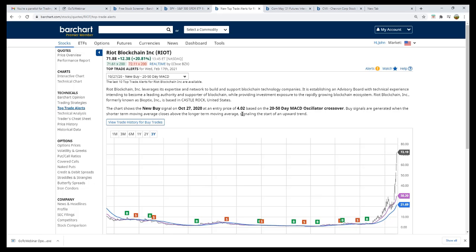So understanding how these technical indicators work and using the tools that we have here in Barchart will help you to find these trades. This was a top stock pick on October 27th. So you could go into top stock picks, look at those signals, those revving engines, those momentum shifts, those shifts in gears, and give yourself an opportunity to jump on one of these race cars as it's pulling out of the so-called pit stop.